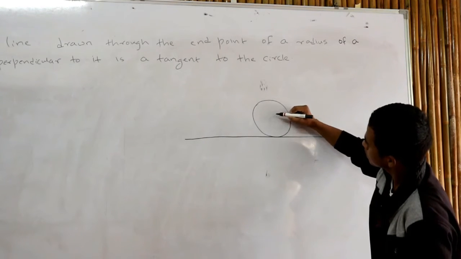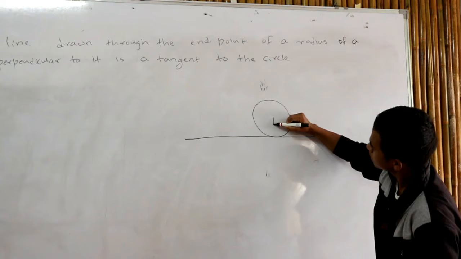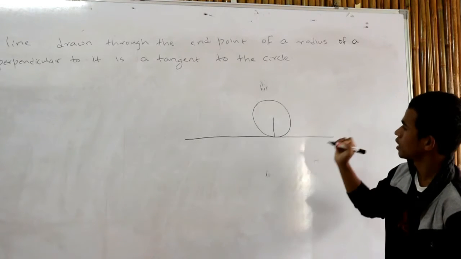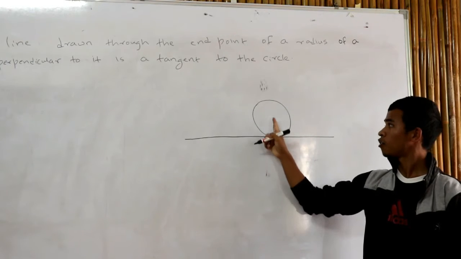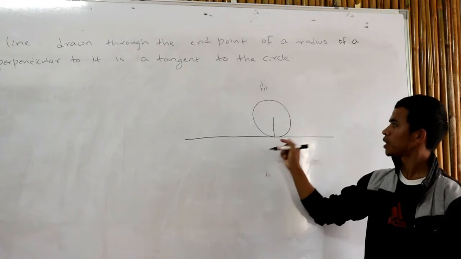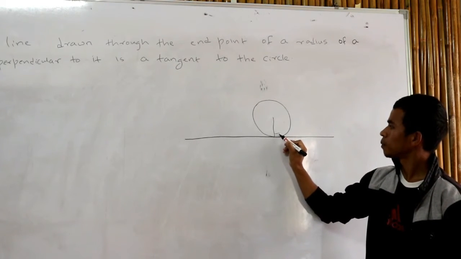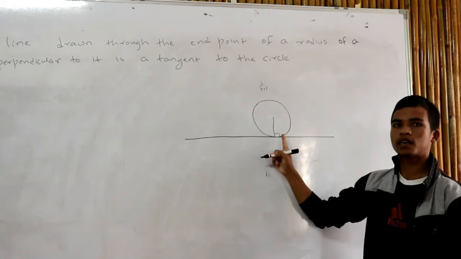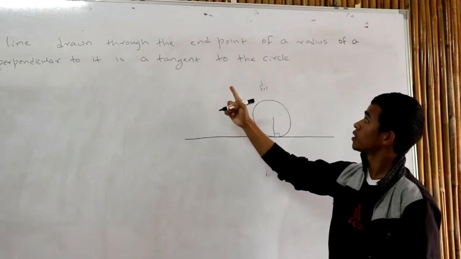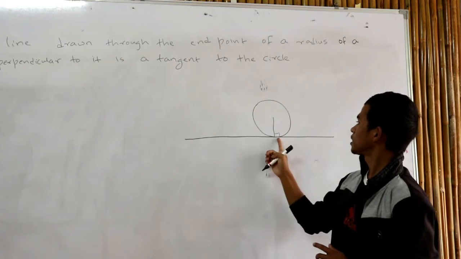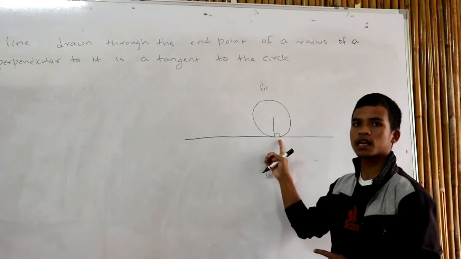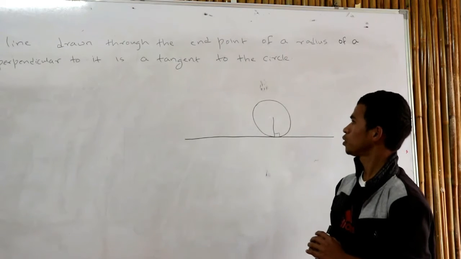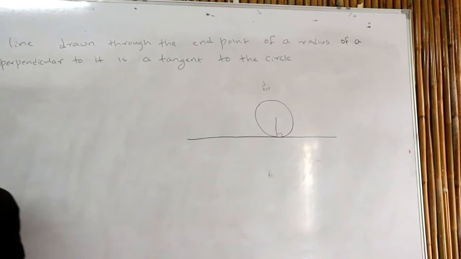Suppose this is the center of the circle and this is the radius, then this line is drawn through the endpoint of this radius in such a way that this line is perpendicular to this radius. Then the statement of the theorem says that this line is a tangent to this circle. That is what we are going to do. So let us write down the proof.